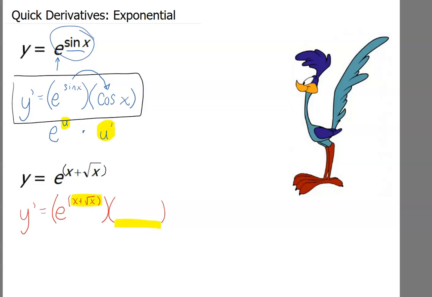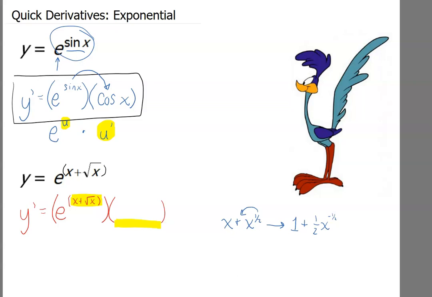So if you need to do some scratch work off to the side, remind yourself that square root of x is x to the 1/2. So then x becomes a 1, x to the 1/2, power rule brings the 1/2 to the front, and we reduce it by 1.